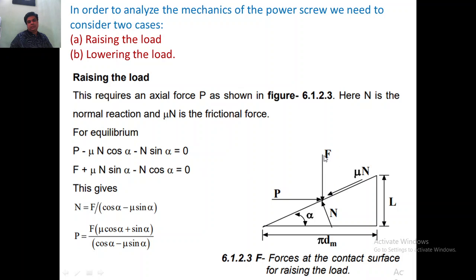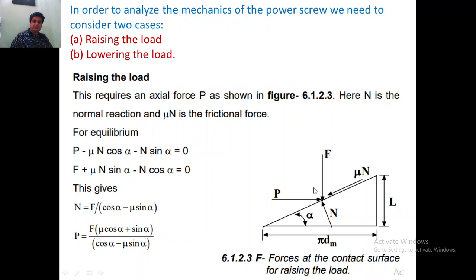We have the load acting downwards, the external force P acting in this direction, the normal acting perpendicular to the inclined plane, and the frictional force acting in this direction downwards. So the load is moving upwards, and the frictional force is acting downwards.